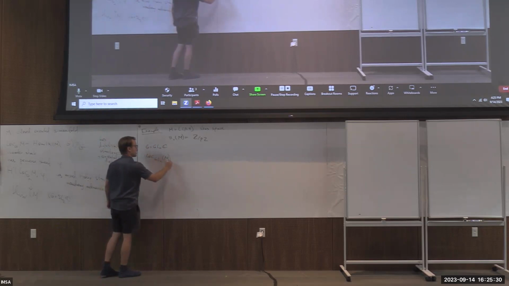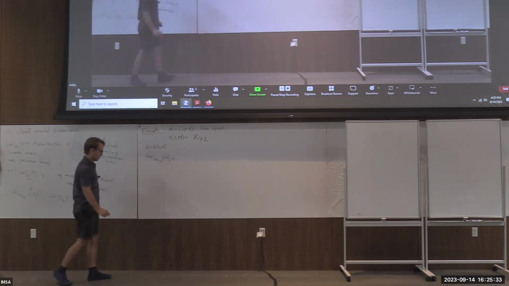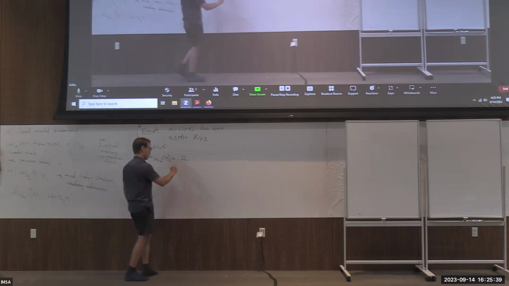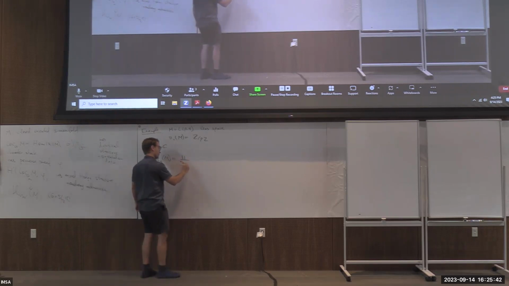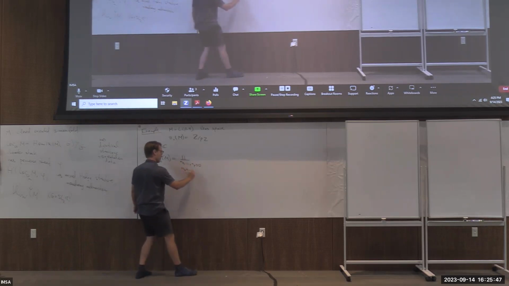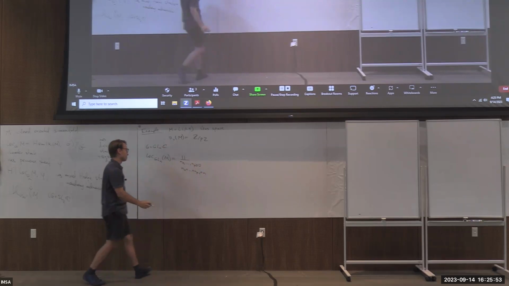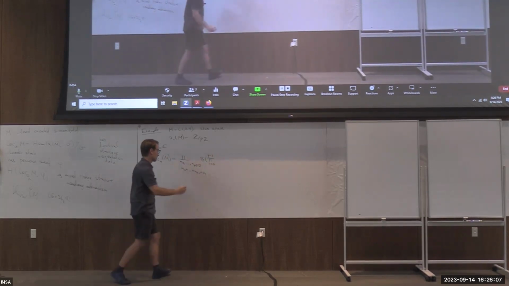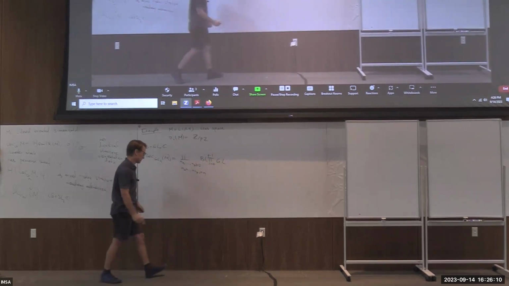And then this character stack, for the lens space, you can split this into a disjoint union. Like this. I'll explain it in a second.